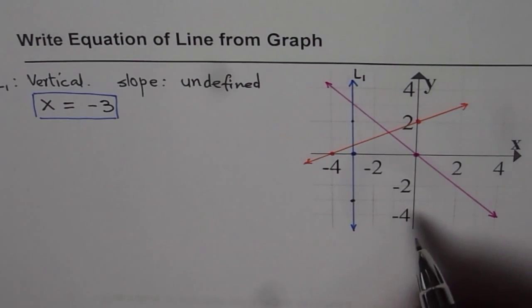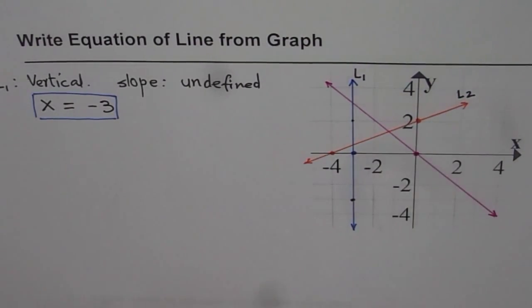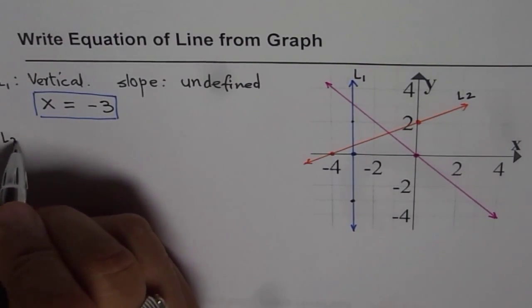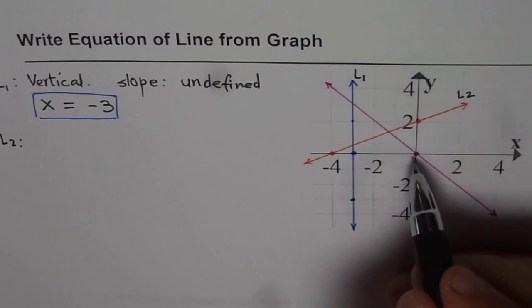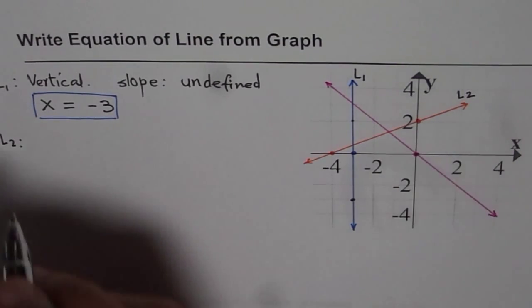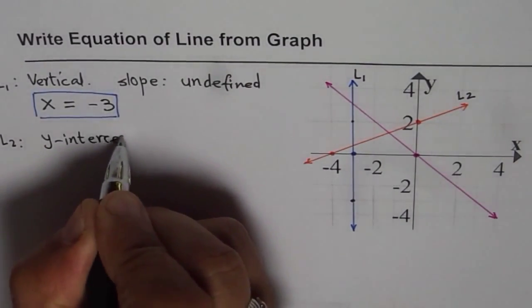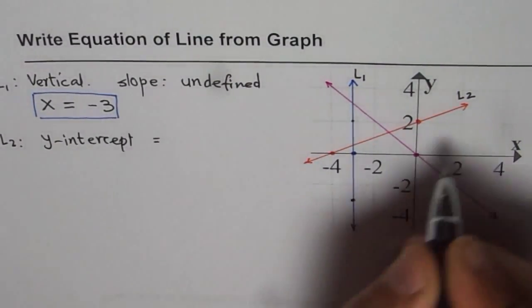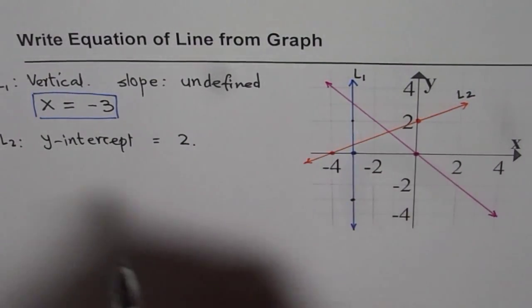Now let's consider another line. Let's say this orange line, let me call this L2. As you see, it has a positive slope and it goes through a point which has a y-intercept of 2. So we can say the y-intercept in this case is equal to 2. And how about the slope of this line?